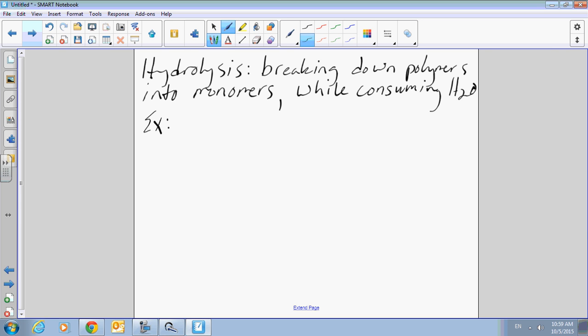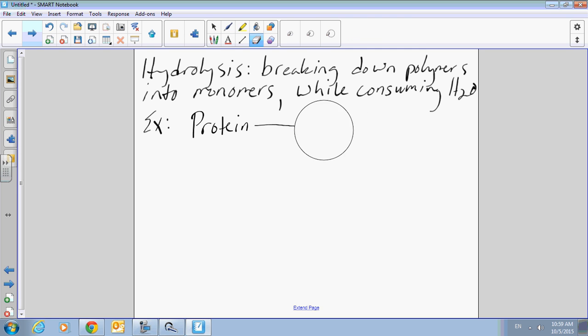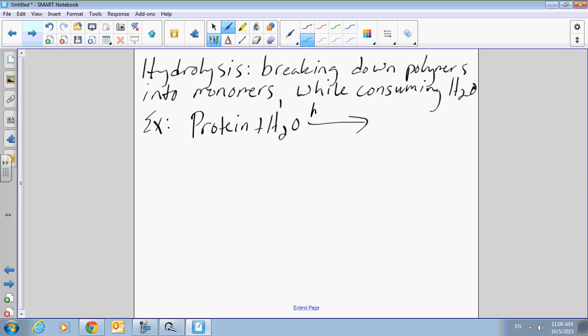And our examples would be the exact opposite. So I'm not going to go through all four. I'll just go through a couple. If we have a protein and some water. Don't want to forget the water that is consumed. And they undergo hydrolysis.